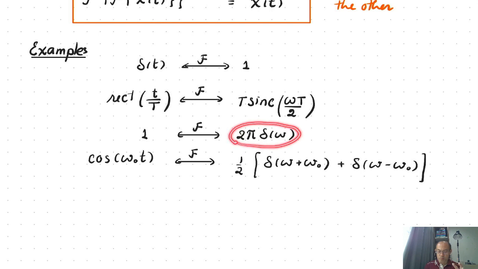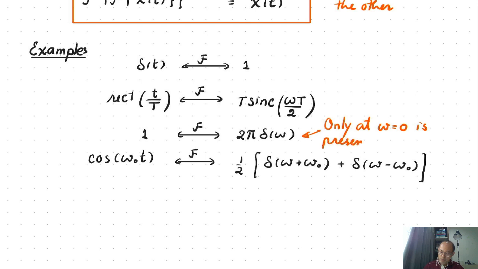So we can say that the DC signal, which is 1, has only one frequency presence, and that is frequency zero. Let me take a note here: only at omega equal to zero is present. So it has only one component, which is at omega equal to zero.